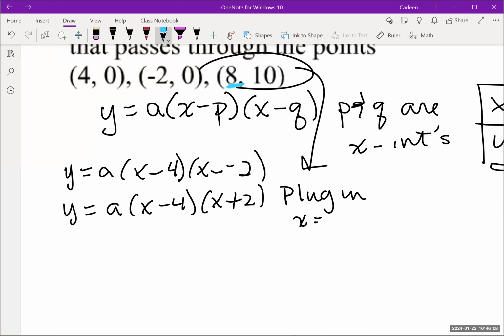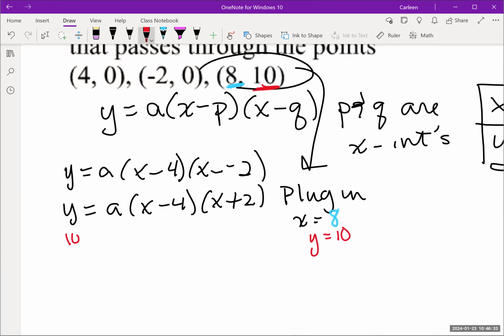X is equal to, yeah, Zoomers? Eight. And y, I'm gonna plug in y is equal to what? 10. Yeah, so I'm gonna plug that in.